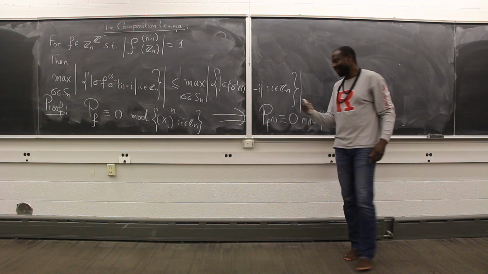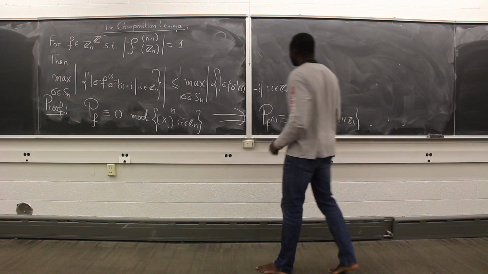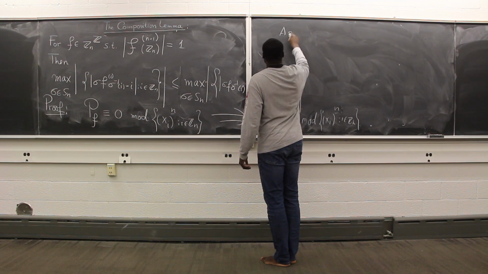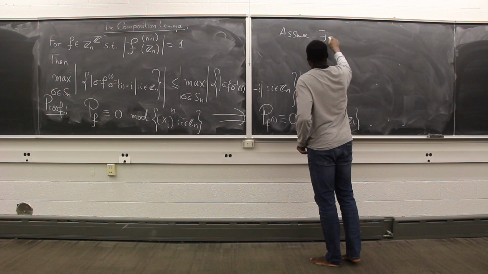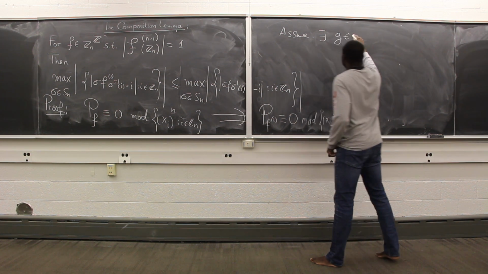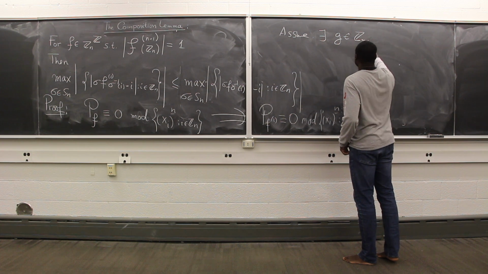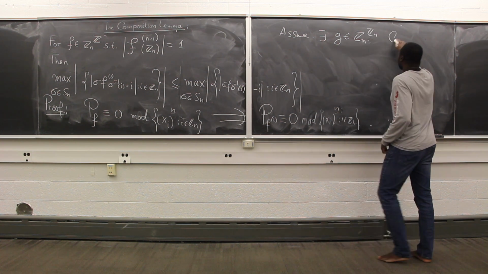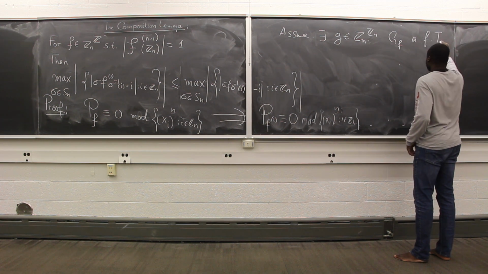Okay, so if you assume that there exists some g in Zn to the Zn, and g a functional tree.